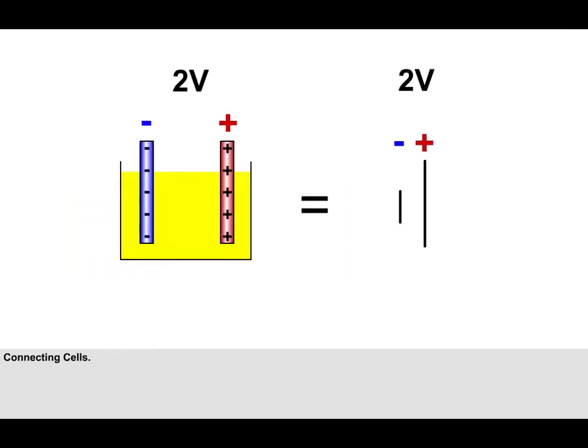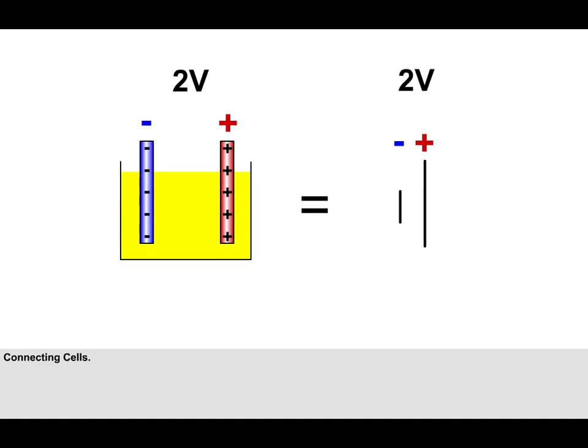We will now look at how cells can be connected together to form batteries of different voltages and capacities. On the screen is the symbol used in electrical circuits to depict a cell. The long line is the positive terminal and the short line the negative.